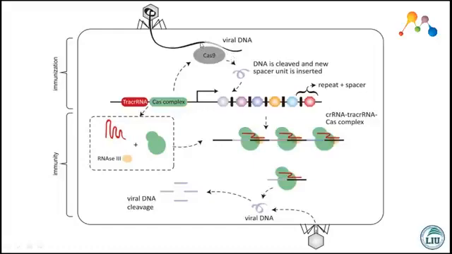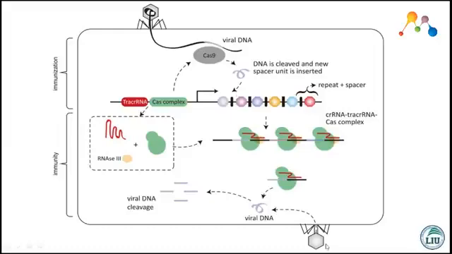A fragment of this DNA, the fragment that will be cleaved by the Cas9 protein or endonuclease, will be inserted within this locus and will serve as a memory for this bacterial cell.